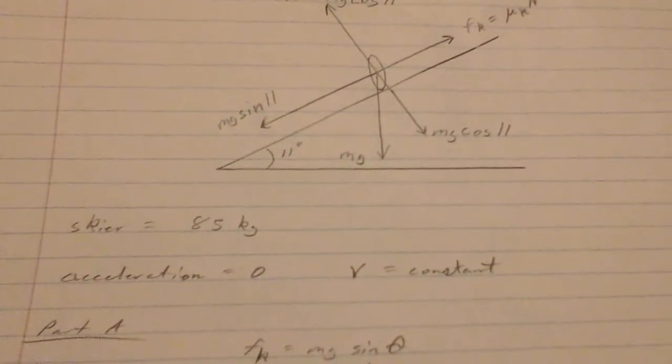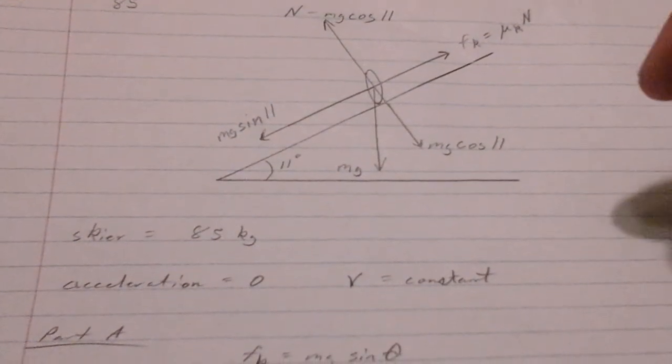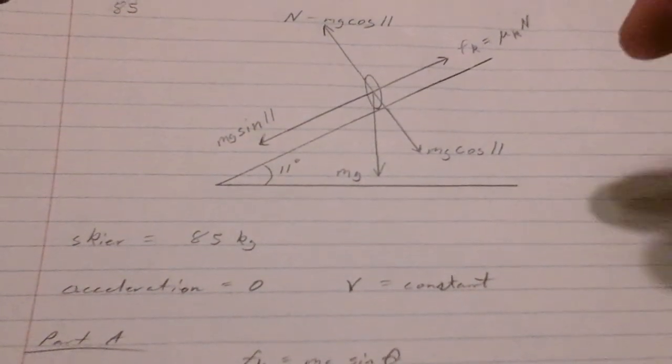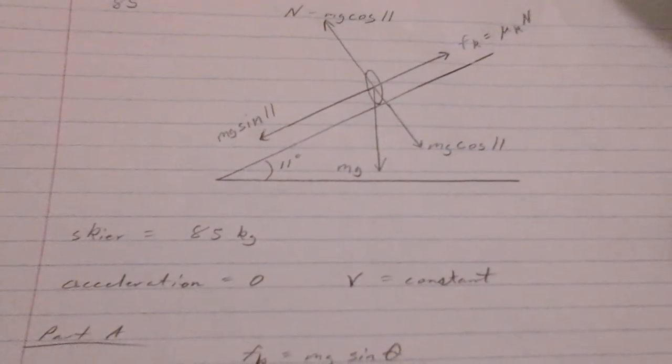First you got to think about what the question ultimately wants to know. Well, they want to know what's the kinetic friction force moving on the skier.